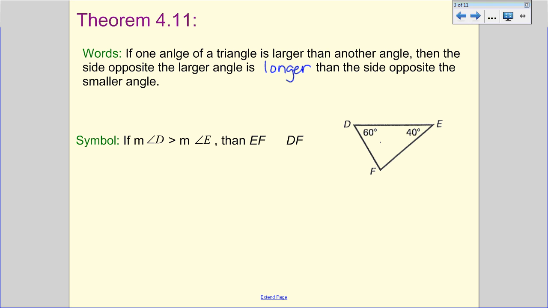So if angle D is greater than angle E, then that means the side opposite angle D, which is EF, is greater than the side opposite angle E, which is the 40 degrees. So once again, if I have a small angle, I know I need a small connection. If I have a large angle, I know I need a larger connection.